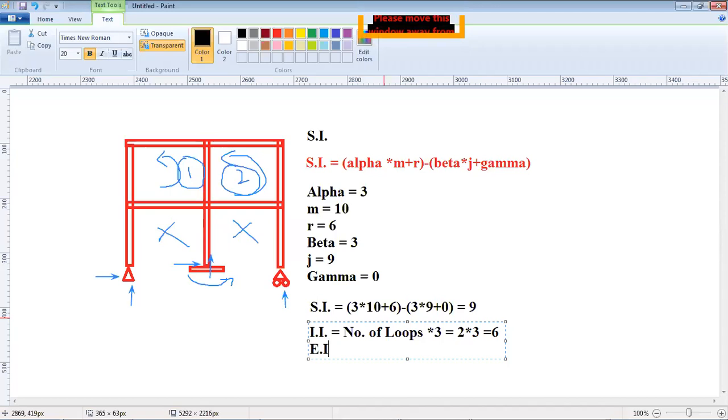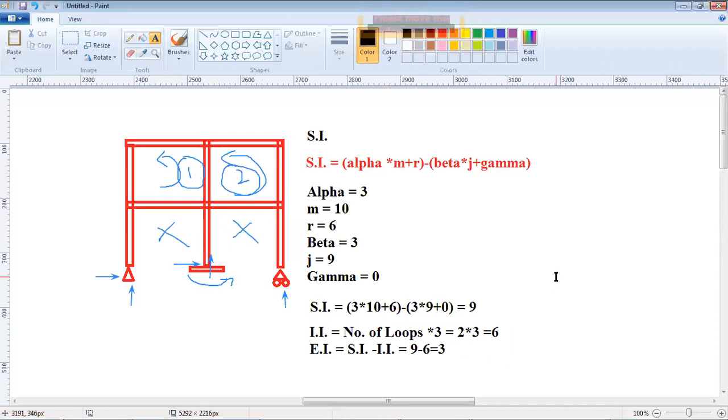So external indeterminacy would be the total static indeterminacy minus the internal indeterminacy. So it's 9 minus 6. That's 3. So the external indeterminacy is 3.